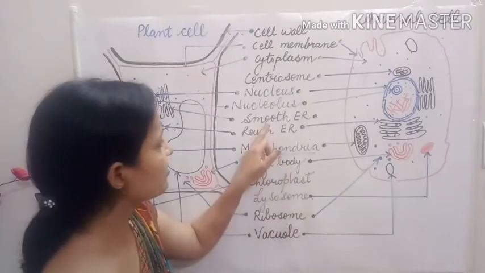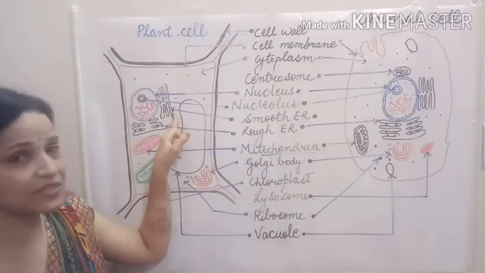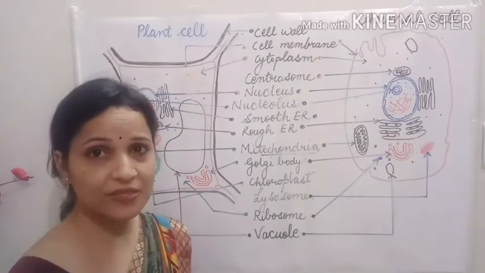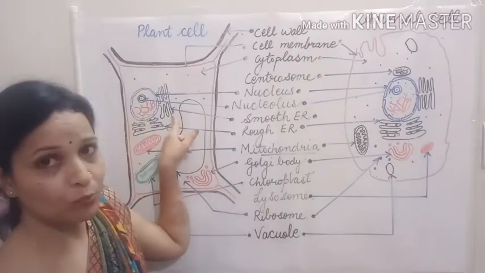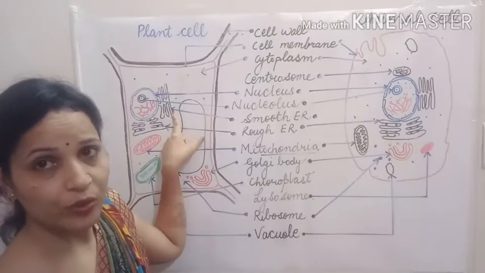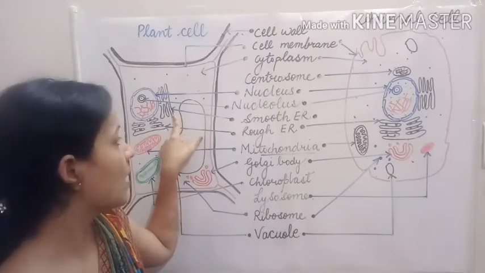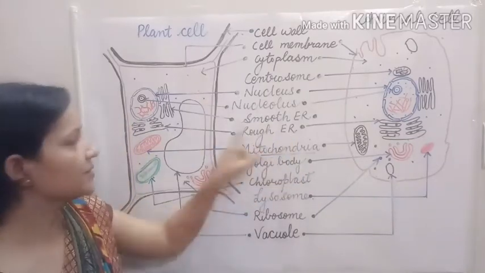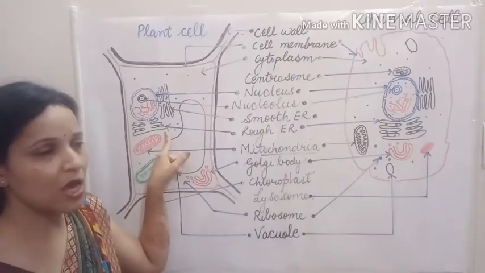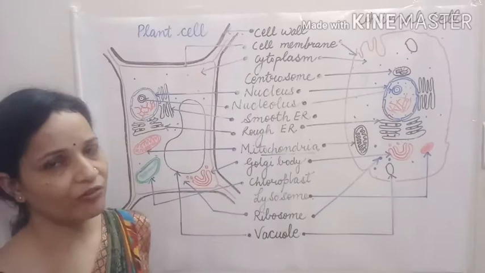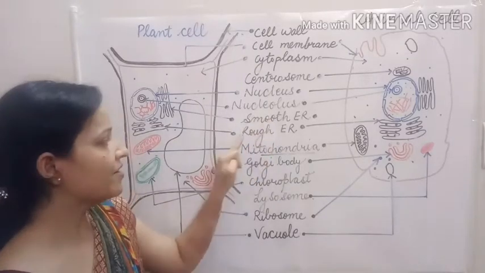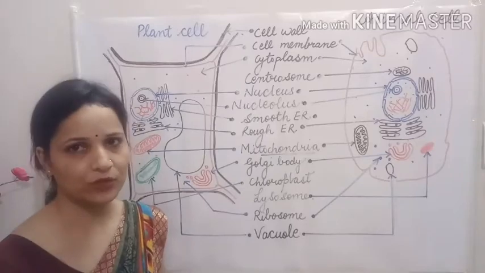Smooth endoplasmic reticulum means they do not have ribosomes, so their surface is smooth. And rough endoplasmic reticulum means they have ribosomes.